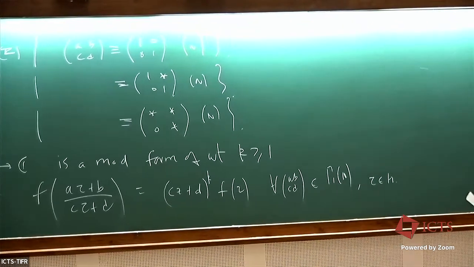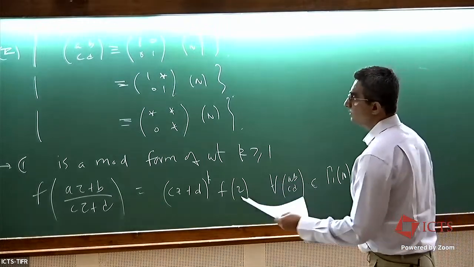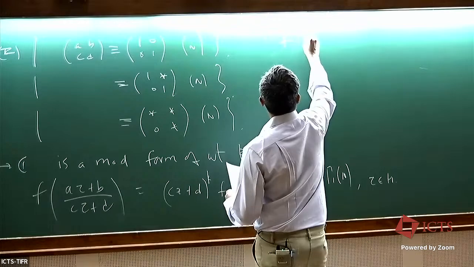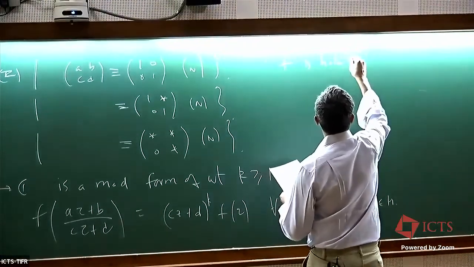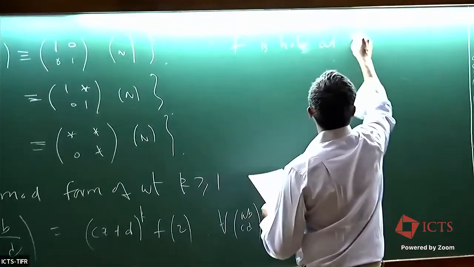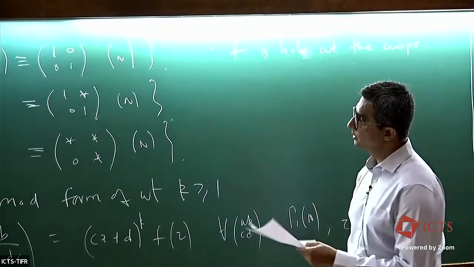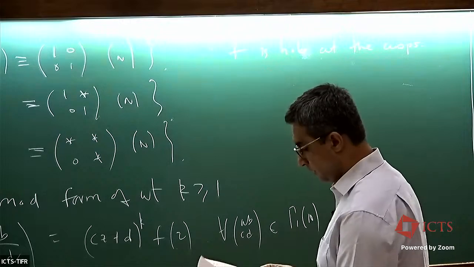And also f is holomorphic at the cusps, so there's a cuspidal condition. Not yet vanishing, because we're still speaking of modular forms.